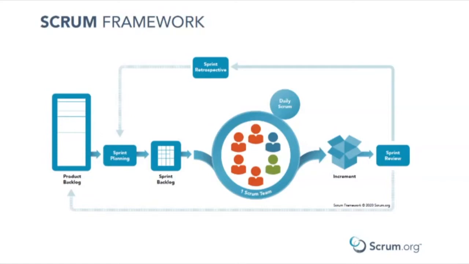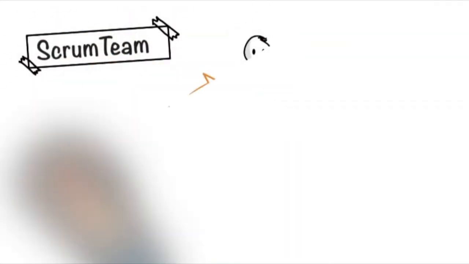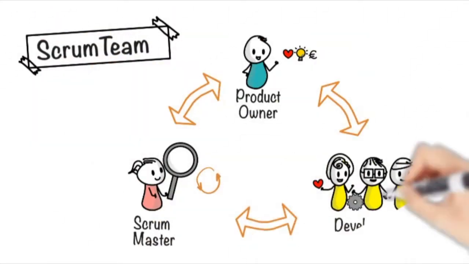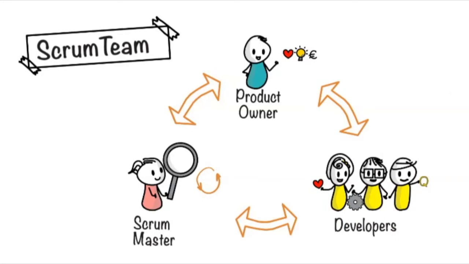Each increment is additive to all prior increments and thoroughly verified. Let's see the Scrum team. The fundamental unit of Scrum is a small team of people, the Scrum team. A Scrum team consists of one Scrum Master, one product owner and developers. Within a Scrum team, there are no sub-teams or hierarchies.